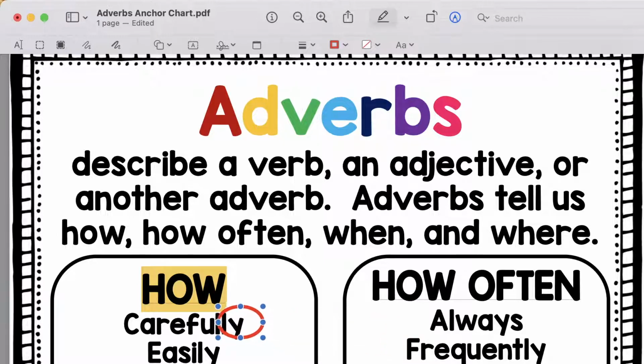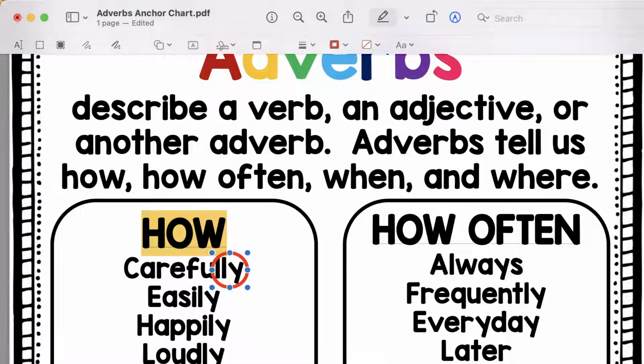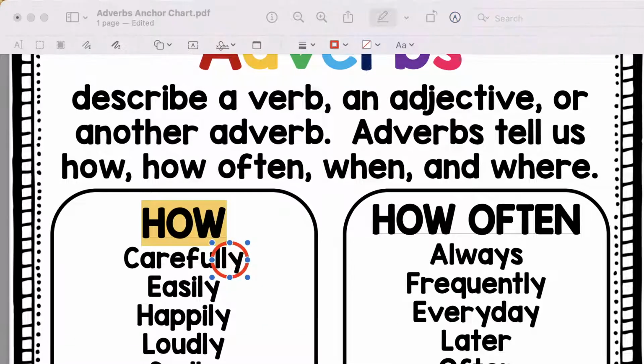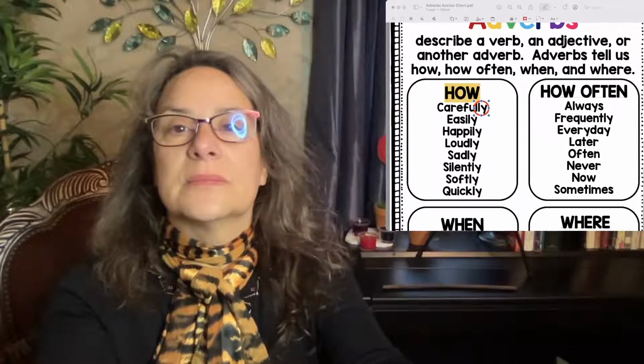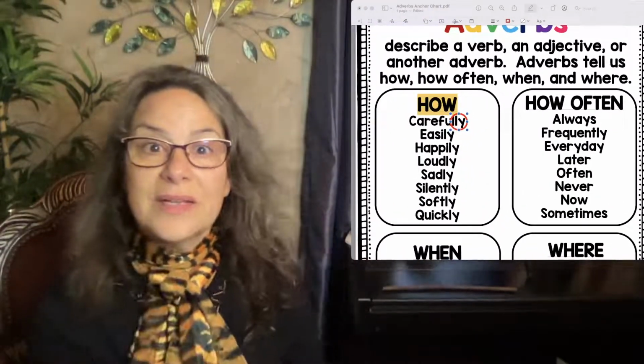What looks similar? Of course you know. It's the ly. So when we see ly, we know that's an adverb.